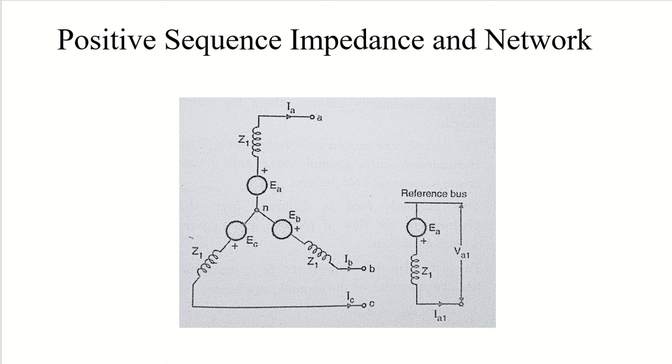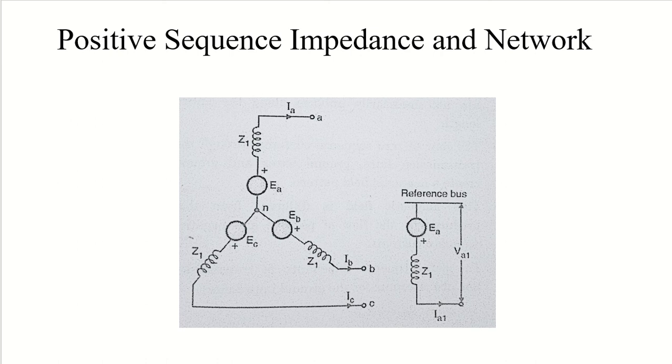After the first or second cycle, for 3 to 4 cycles, the value of Z will be j into xd dash. So here xd dash is still transient reactance, and once we come close to steady state, the value of my positive sequence impedance will become j into xd.